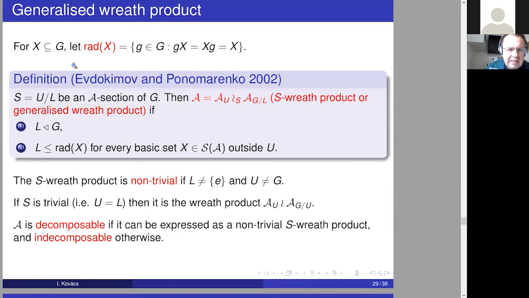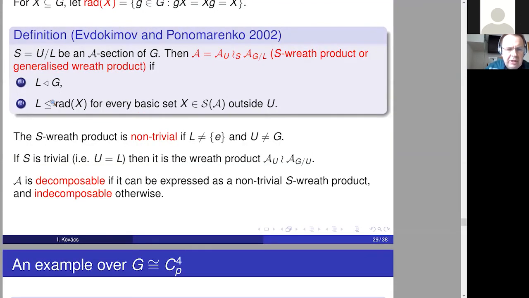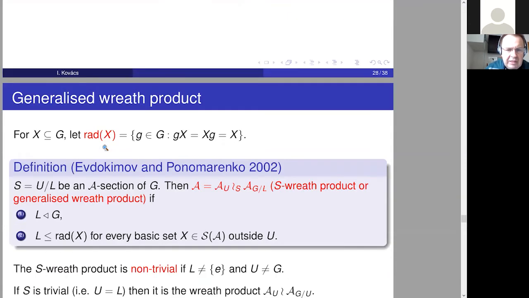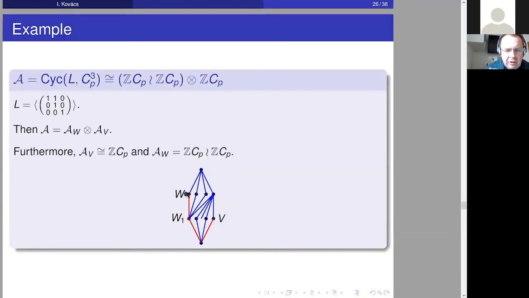We say that an S-ring over G is an S-wreath product if S is a section with groups U and L, and also L is normal in G, and any basic set outside U should be a union of cosets of subgroups of L. So for any such basic set, the radical contains the subgroup L. Again, in this example, this S-ring of order p of a group of order p squared, this wreath product satisfies this condition.